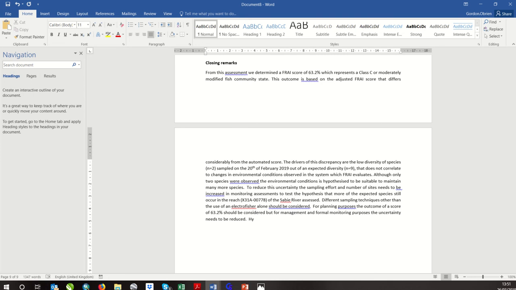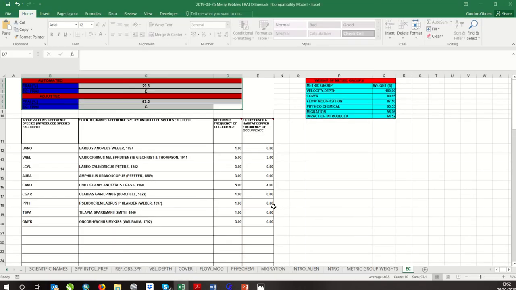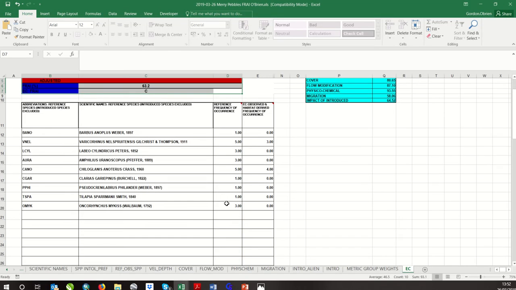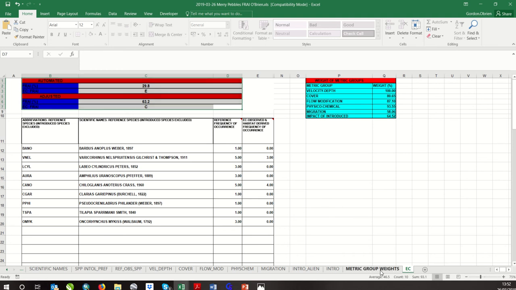So the drivers of the change in the state of the fish community can be attributed to potential changes in... And then if you go back to FRAI, you can see where they give you the summary.